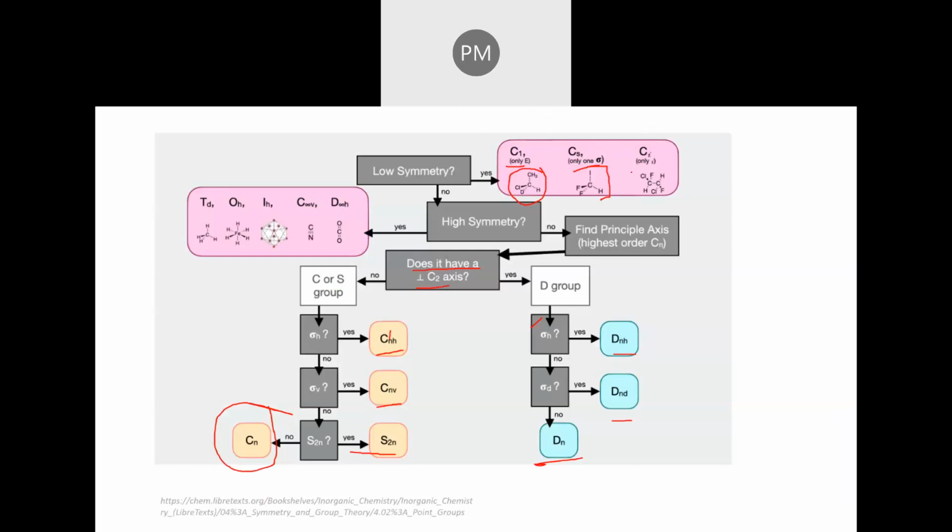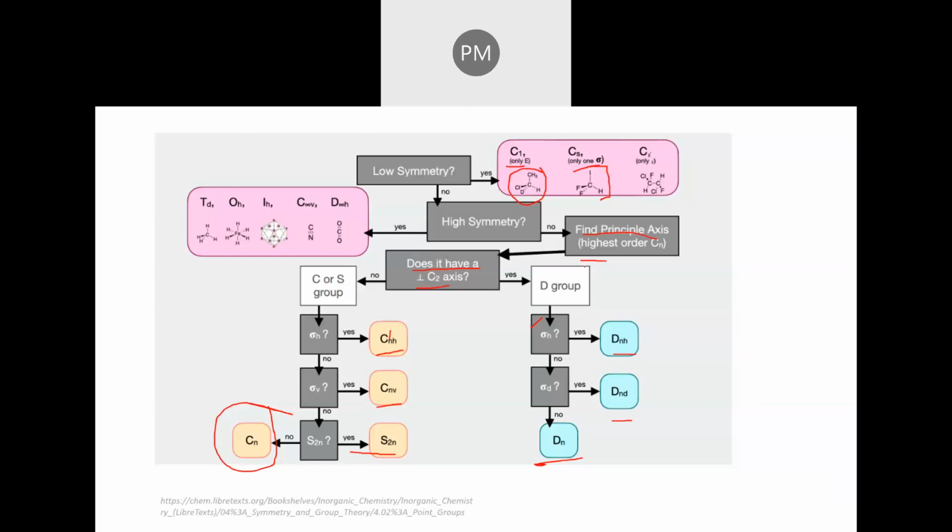If more than one C2 is present in a molecule, and if there is any axis perpendicular to the principal axis, then in the symmetry element name the D will come, and if there is no perpendicular axis to the principal axis, then the C will come.